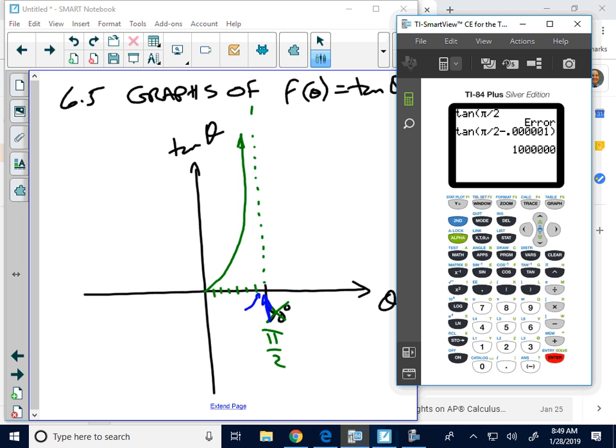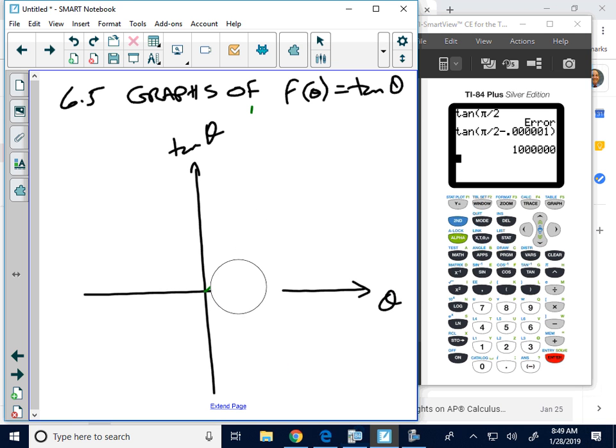Okay? Really, really large. So here's the first part of the graph that you're going to have to sort of internalize. If this is the theta axis, this is in radians, and here's pi over 2, there is a vertical asymptote here, and the tangent graph will start from the origin and go to infinity, like that. It never hits that vertical line.